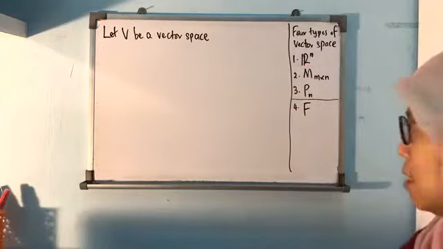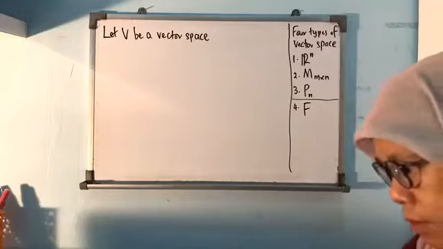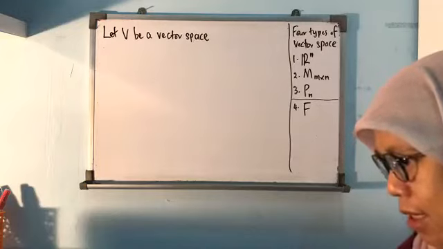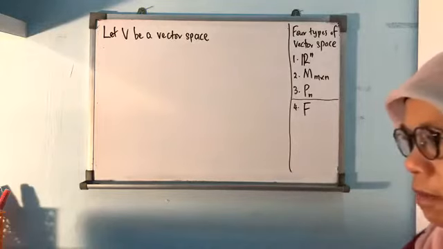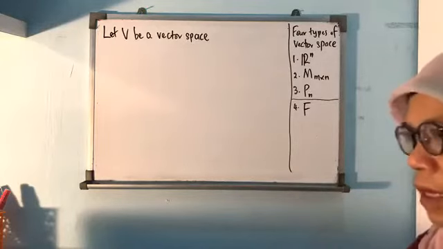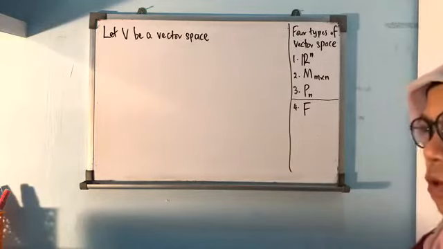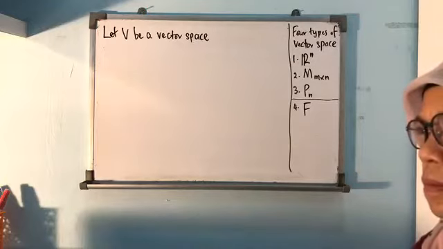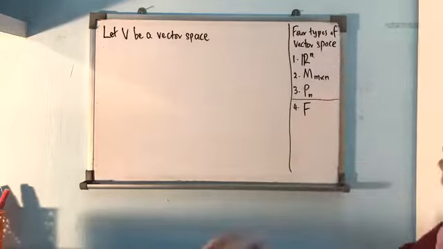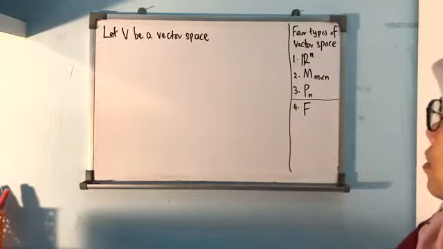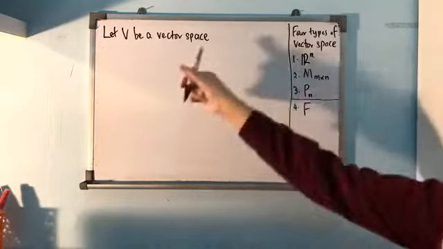Okay. Still before, in linear combination, we can still do function, but not for basis, not for spanning, not for linear independence. Okay, just these 3. Alright, so let V be a vector space.